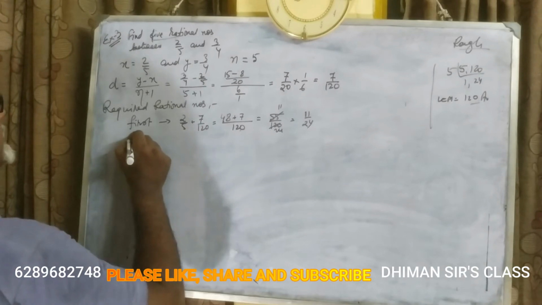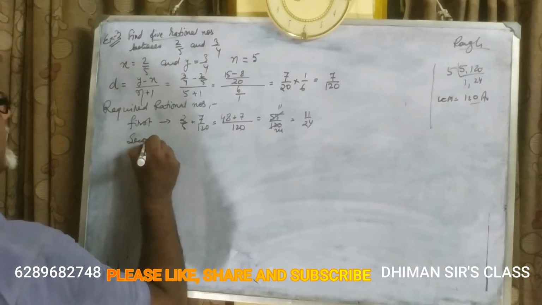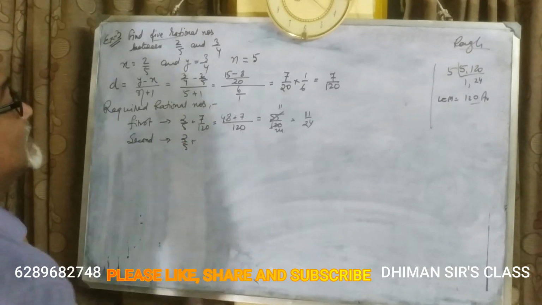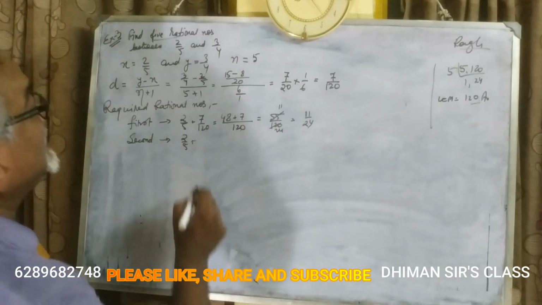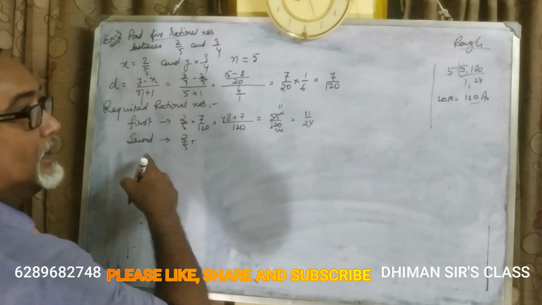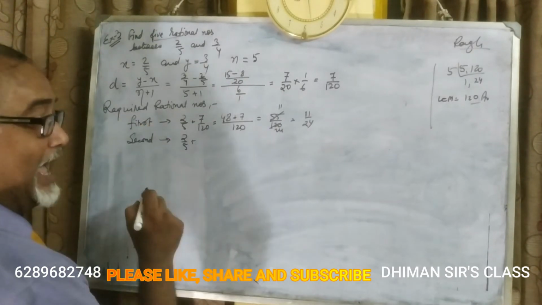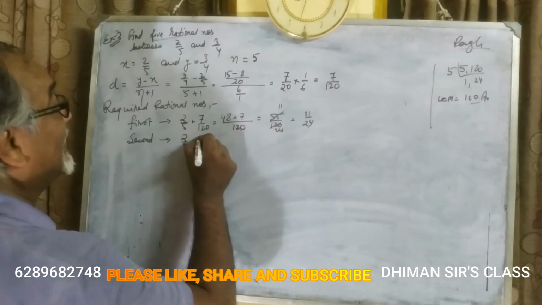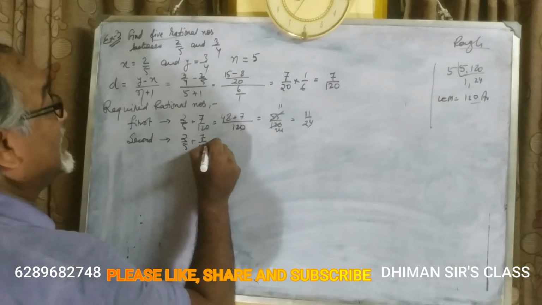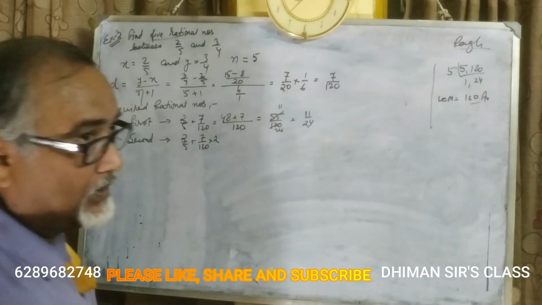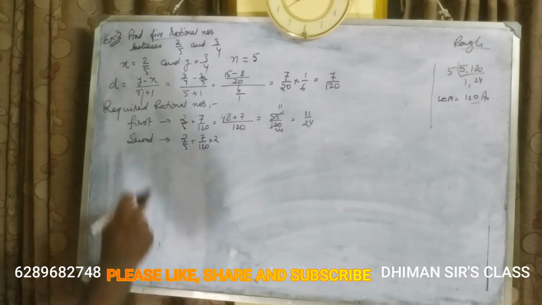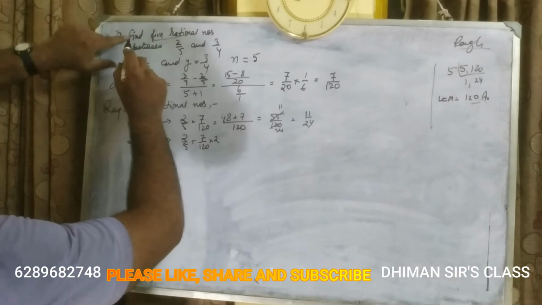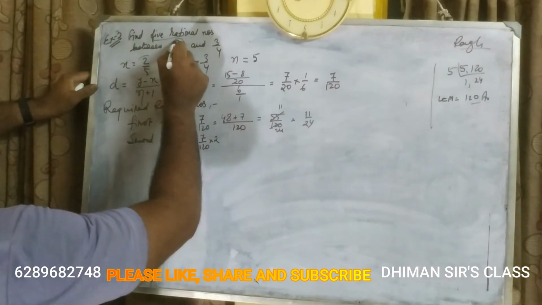The second one, again 2 by 5 plus, try to go back, I said second term, first gap, 1 into this one. Now here 7 by 120 into 2. Why? We are going to multiply as this is the second term. Actually, the first term is this one.